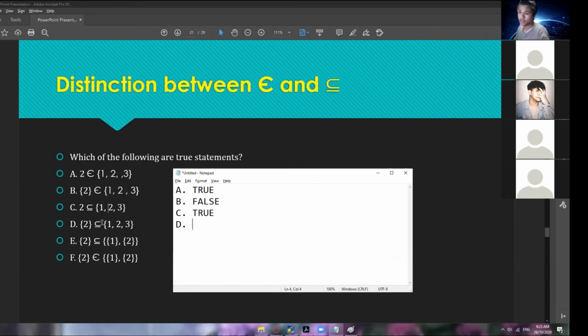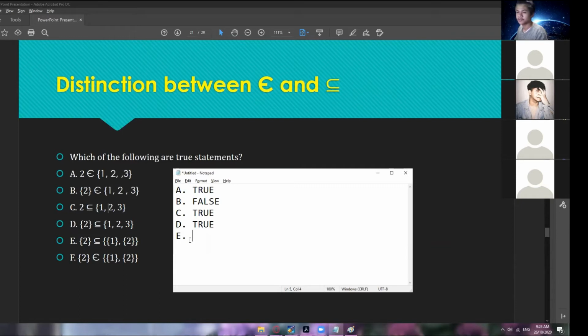So set {2} and the other one is set {1, 2, 3}. So letter D is true. This one is a proper subset, a subset of this set. Okay? So take note of those.